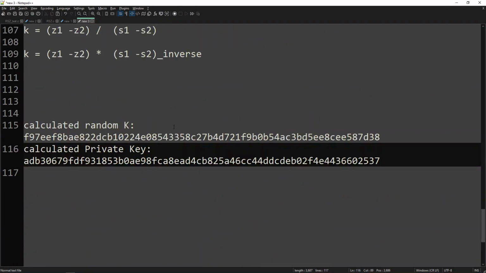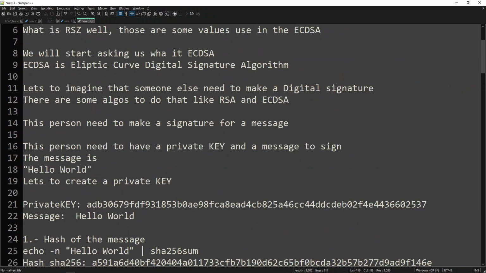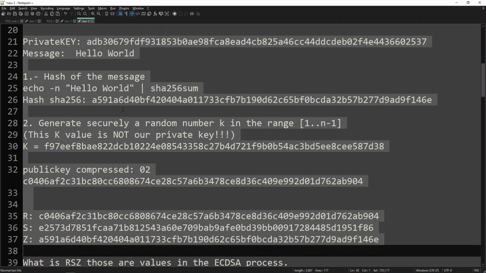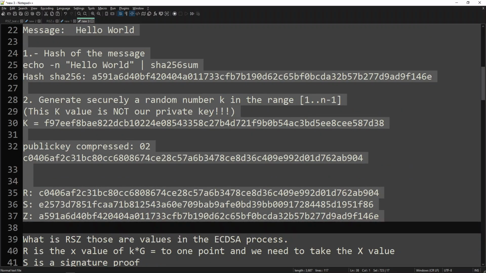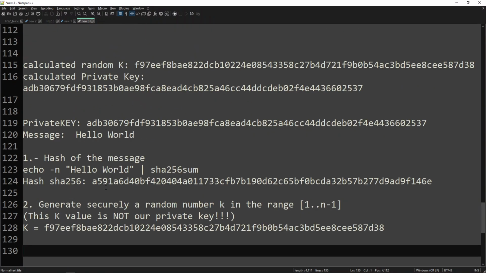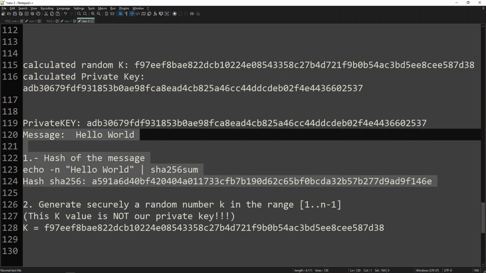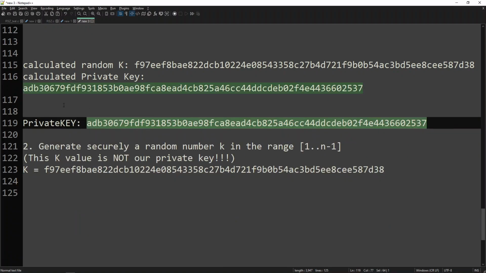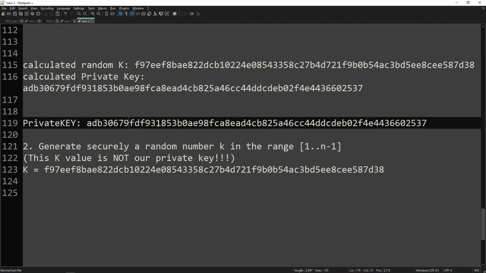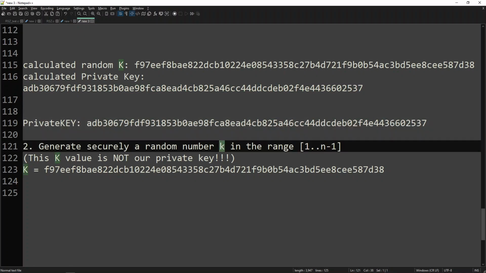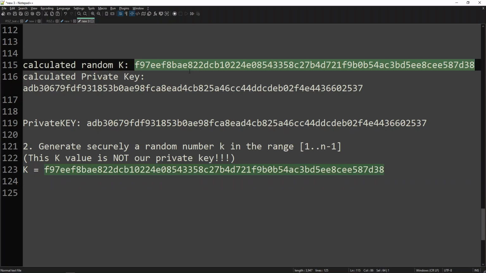Okay, our calculate values are these, and let's copy these values, private key from here, and let's remove these values. If you check, the calculate private key is still saying that our private key and the random key value is also the same.